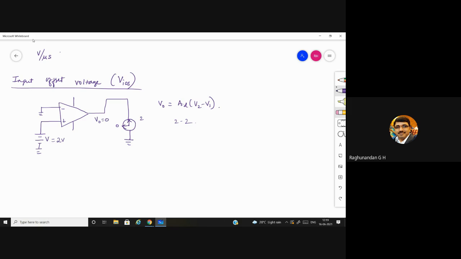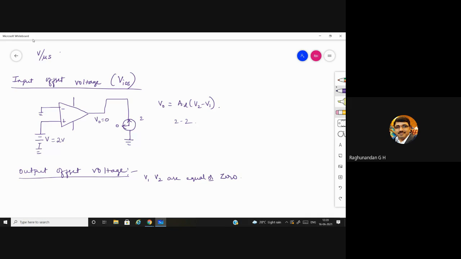After this, the next one is the output offset voltage. See, the presence of a small amount of output voltage, even when V1 and V2 are equal or they are 0, because of the input offset voltage, or maybe due to the bias current, is known as output offset voltage.